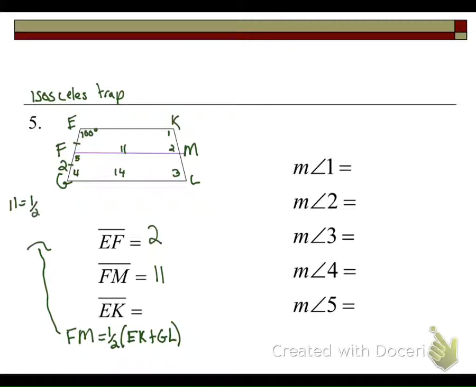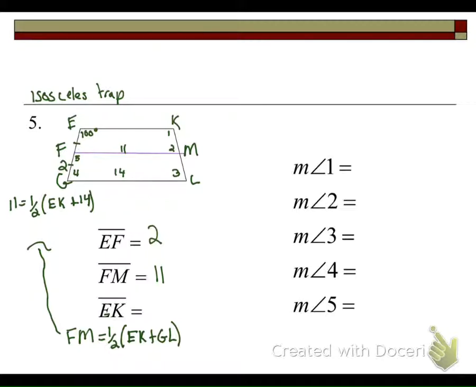What's our length of FM? 11 equals 1/2. And then base 1, which is EK, well, we don't know. That's what we're looking for. EK plus, what is our other base? 14? Okay, we are at that same point as our bell ringers. Do you want to multiply by the reciprocal of 1/2 over to the other side, or do you want to distribute the 1/2? Either way will work.